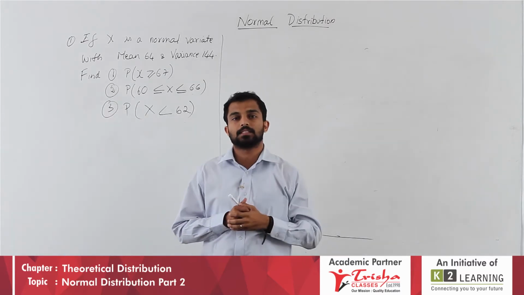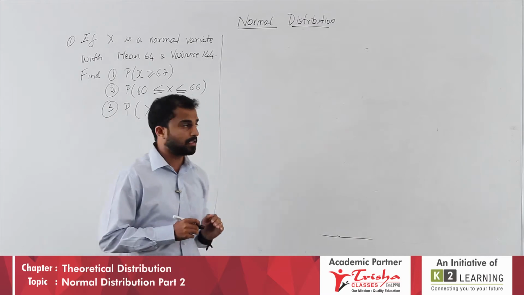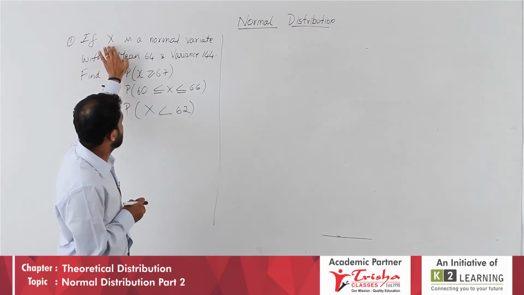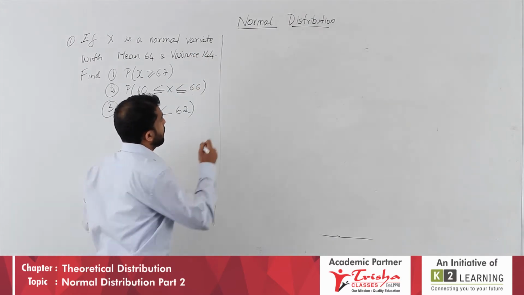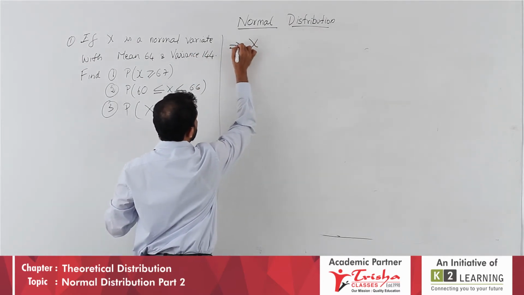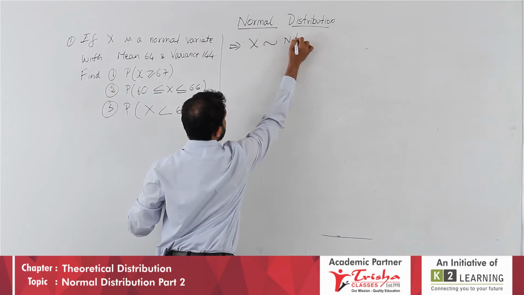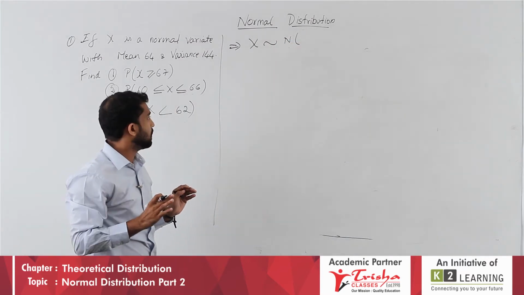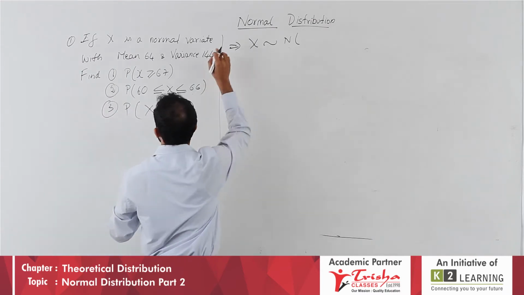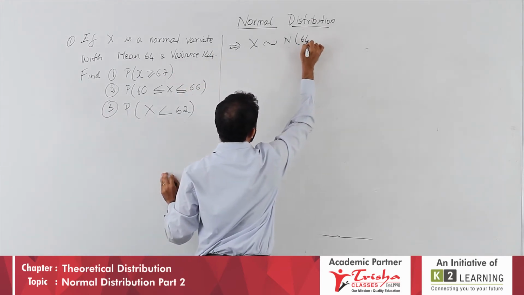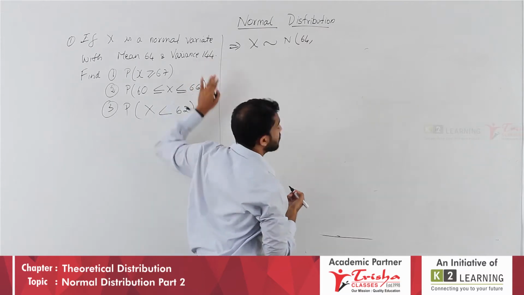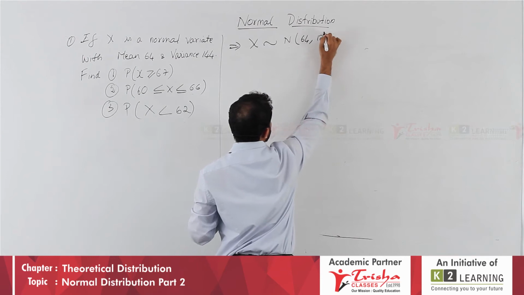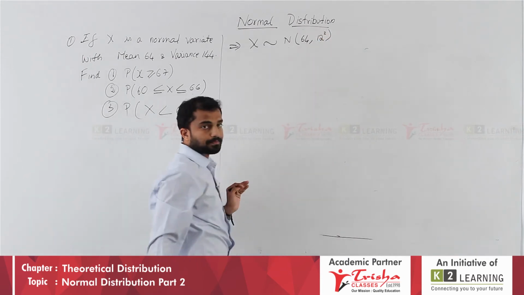If such a question comes, students, the first thing we would write is x is a normal variate. That means x follows normal distribution with mu and sigma square, the normal parameters of it. Mu is mean, which is 64, and sigma square is 144, the square root of which is 12, that means 12 square.